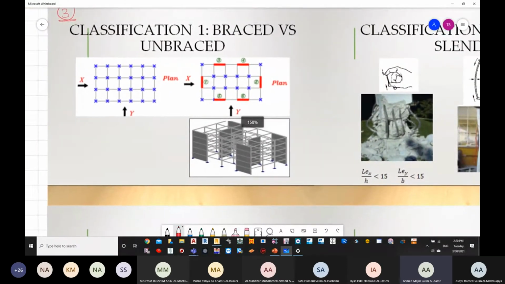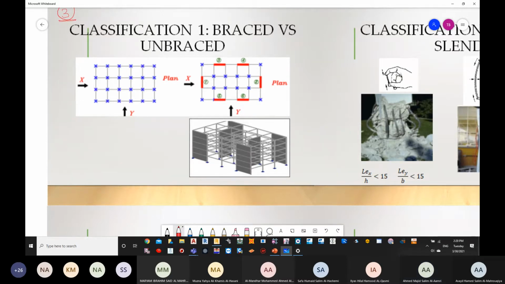Now, if you see here, we have different classifications when it comes to a column. We have a braced column and we have an unbraced column. Once again, this information you have studied in Design of Structures 1. We are only recapping, so you will know whatever we are going to talk about whenever we start the actual design.